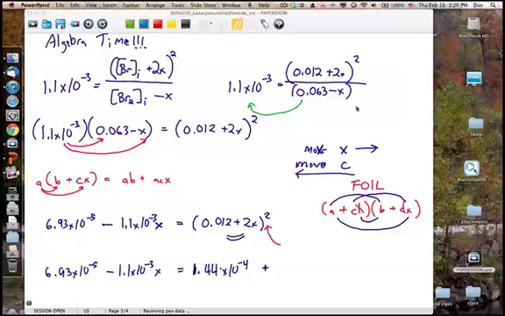But there's two, we do it twice, so this becomes 0.048x plus 4x squared.